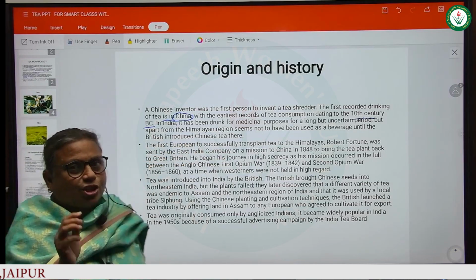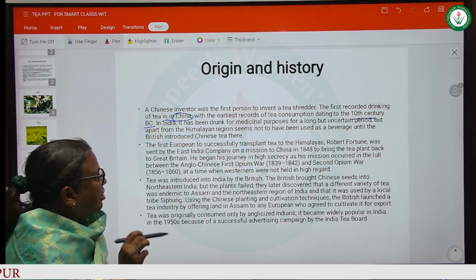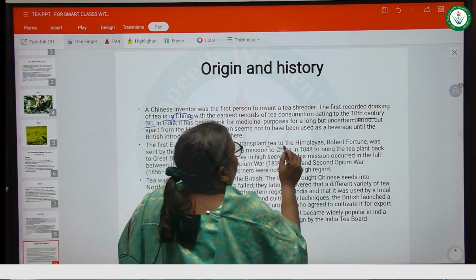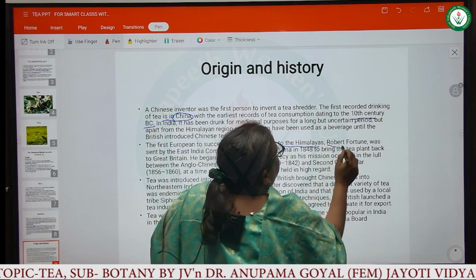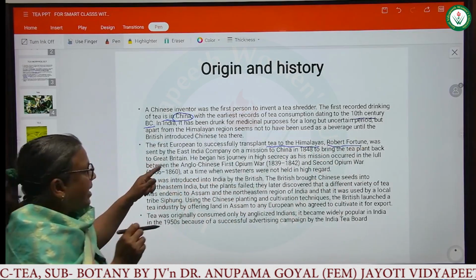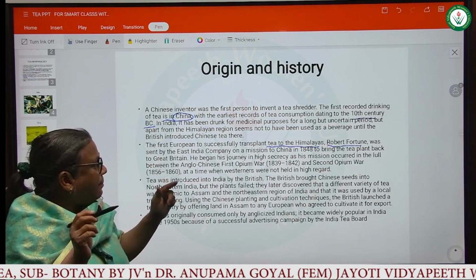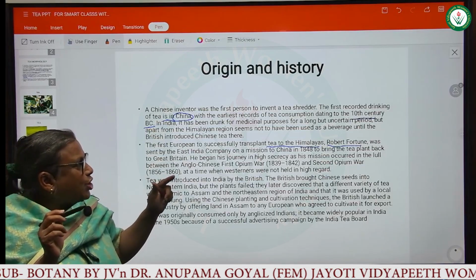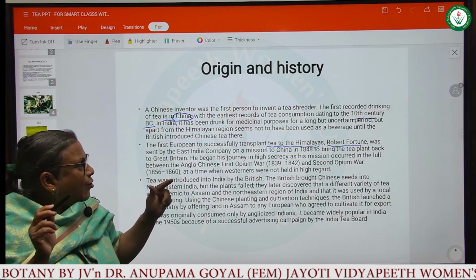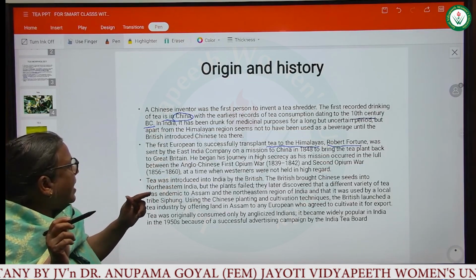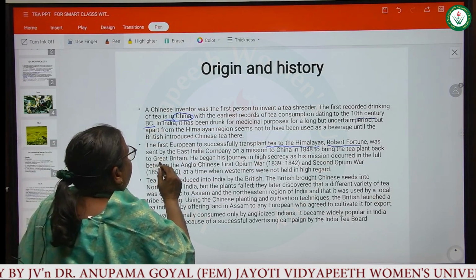The first European to successfully transplant tea to the Himalayas, Robert Fortune, was sent by the East India Company on a mission to China in 1848 to bring the tea plant back to Great Britain.